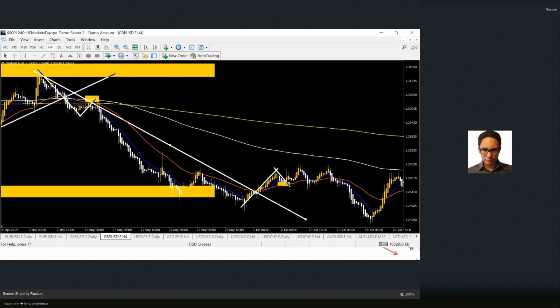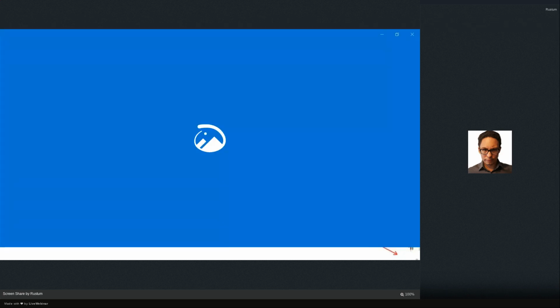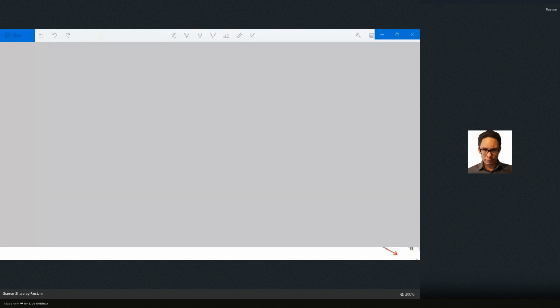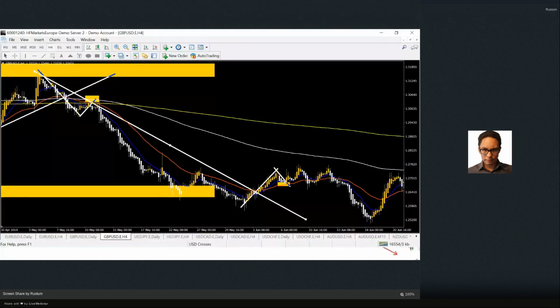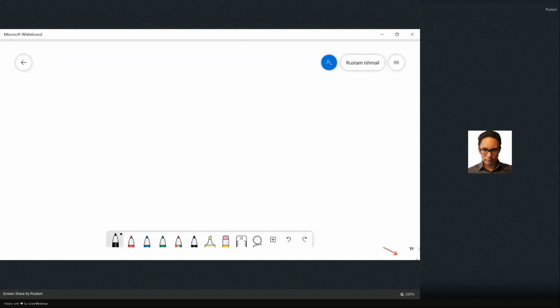Yeah, the trend is becoming weaker based on, let me just get this whiteboard up quickly. So the trend is becoming weaker based on anything, and then you show me the trend line breaking.